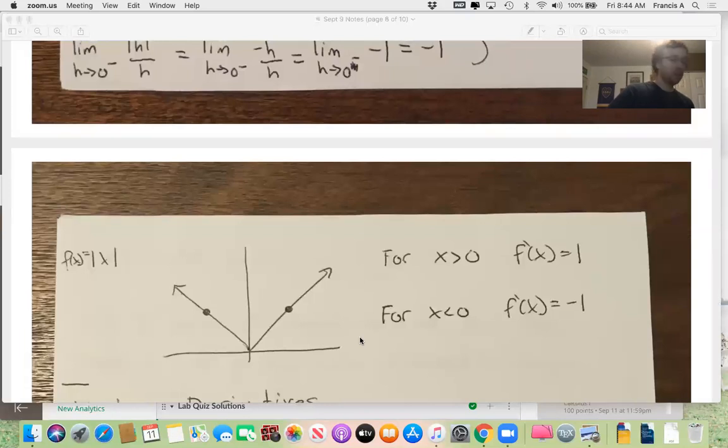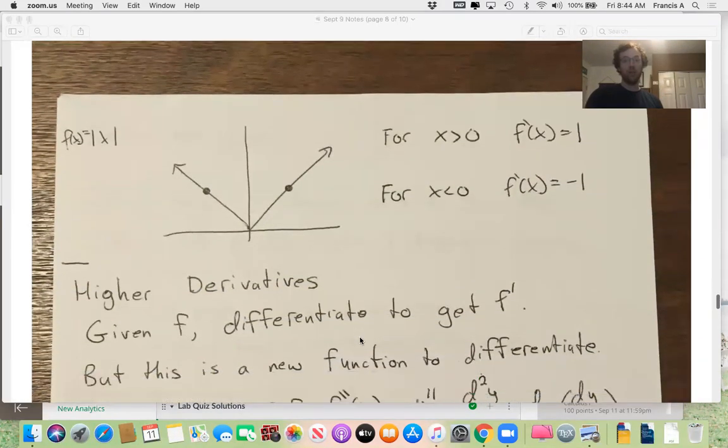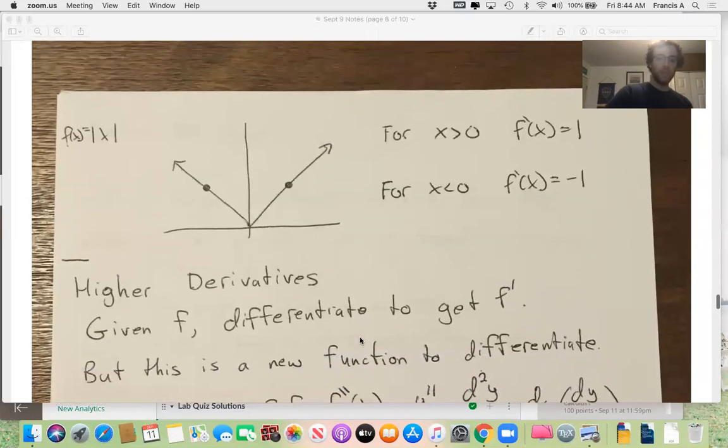Okay, so the last conceptual idea that is a part of introducing the derivatives is what's called higher derivatives. As we said, you have some function, you can find its derivative, which says for the f you started with, this function tells you all the slopes of the tangent line of that f.